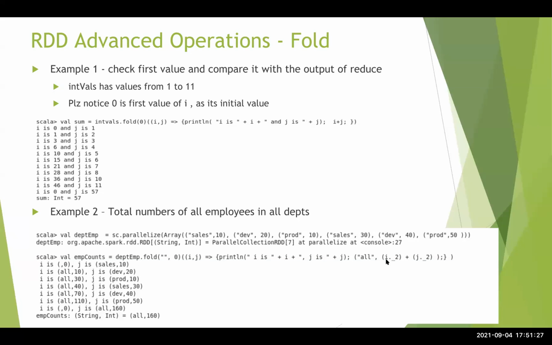So I is my first pair, take the second value of I, and j is my second pair, take the second value of j. Keep summing it up. So ultimately I get a result which is the sum of 10 plus 20 plus 10 plus 30 plus 40 plus 50, and I print it as 160. So that's another example of how you can use fold.